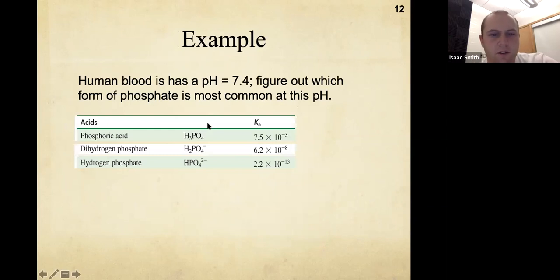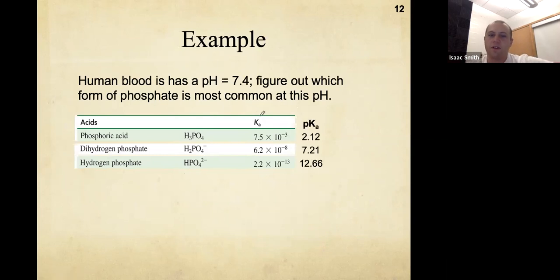All right, let's go through this example. So human blood, again, like we said, has a pH of 7.4. So it says, figure out which form of phosphate is most common at this pH, right? So you could have phosphoric acid, you could have dihydrogen phosphate, or hydrogen phosphate. Okay, and these are the Kas, right? This is not the pKa, this is the Ka.